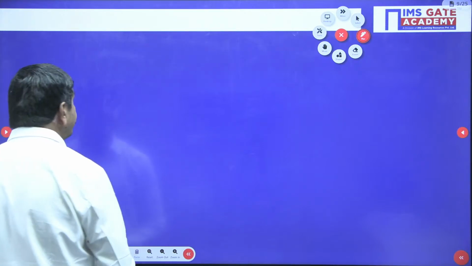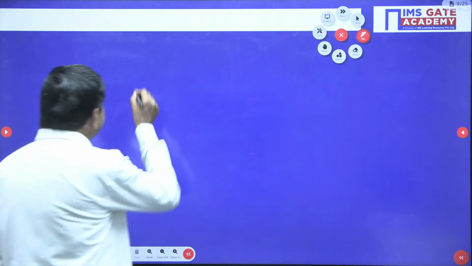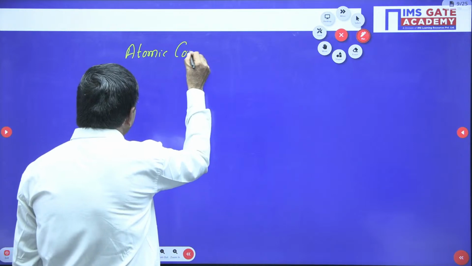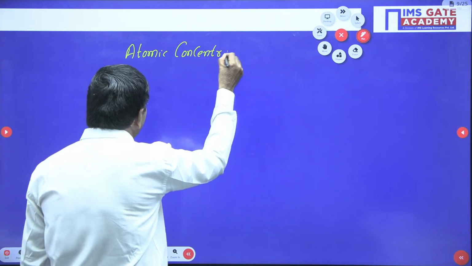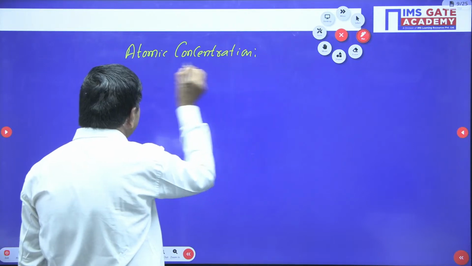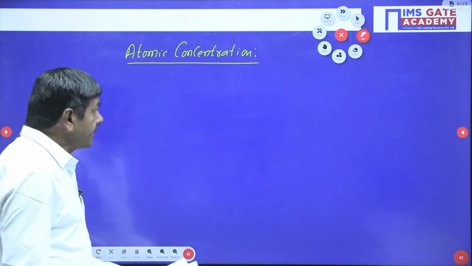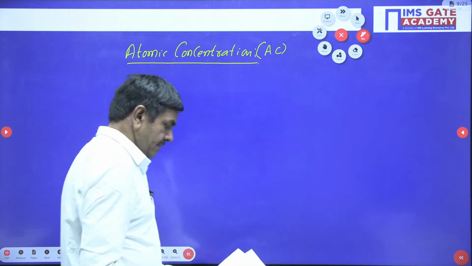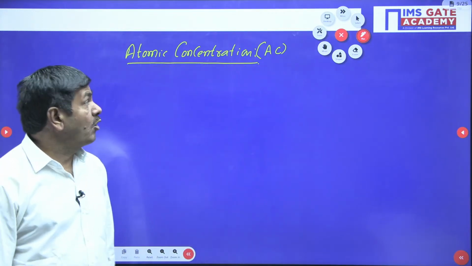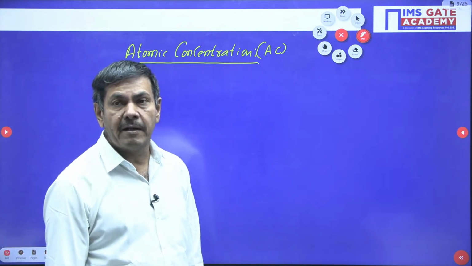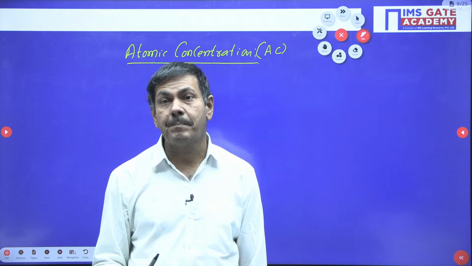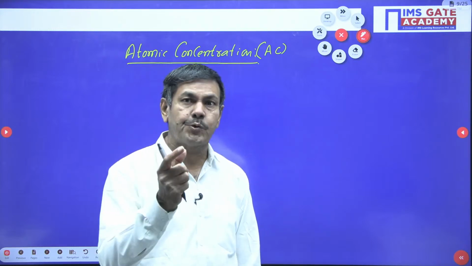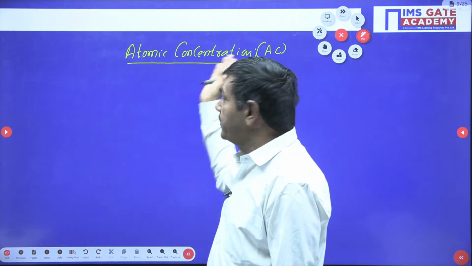Next, one more definition that is more important: atomic concentration, which I can denote by the symbol AC. What is atomic concentration? The number of atoms existing per cm cube is said to be the atomic concentration.